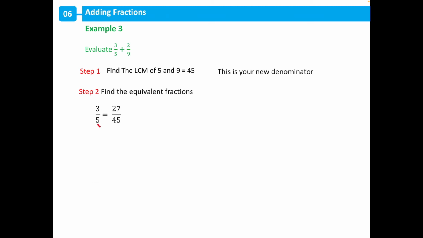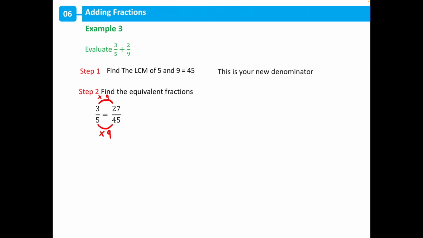We do this by seeing how many times we multiply 5 to get 45. 5 times 9 gives us 45. To find the equivalent fraction, we multiply the top and the bottom by 9. Our equivalent fraction, with a denominator of 45, equals 27 over 45.